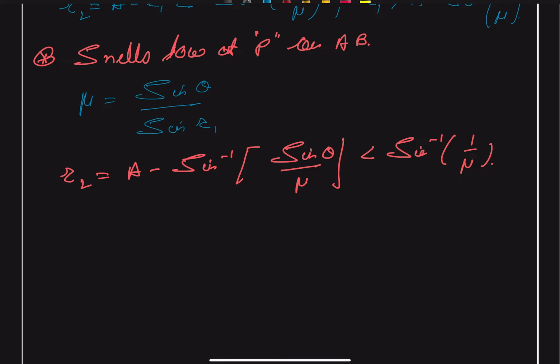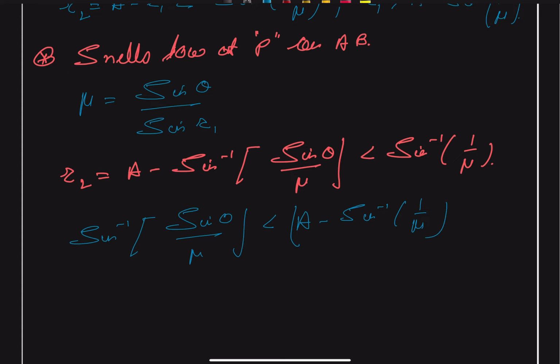Because we are only interested in finding theta, we can write this straightforwardly. So sine inverse of sine of theta upon mu is less than A minus sine inverse of 1 upon mu.